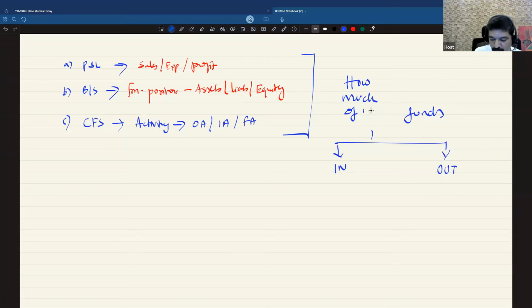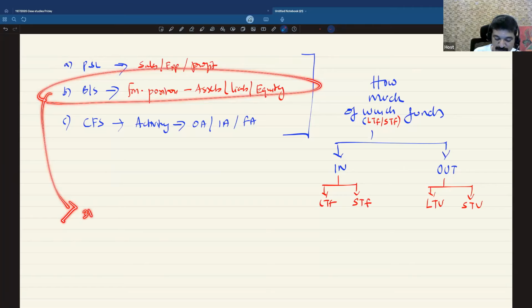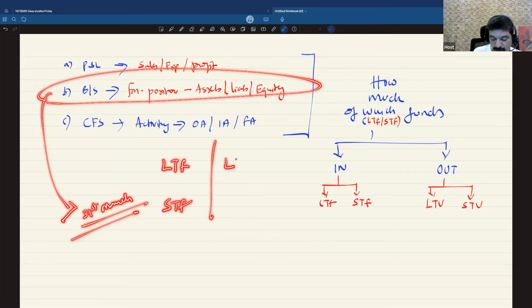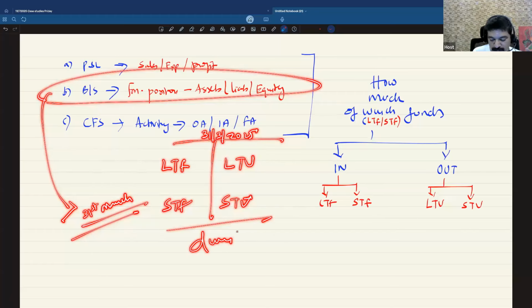P&L will not talk about that. Balance sheet will give you only a snapshot as on 31st March. Maybe by looking at the balance sheet, you may be able to identify what are the long-term funds, what are the short-term funds, what are the long-term uses, what are the short-term uses. But the problematic part is this is only as at 31st March 2025.